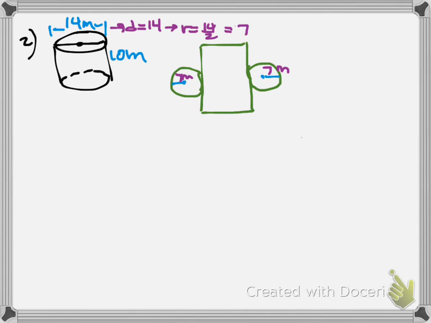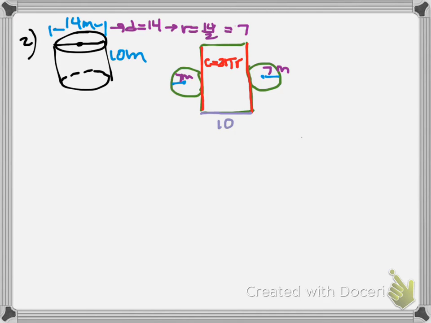What butts up next to the circles is a circumference, because that's what wraps around our circles. And we're going to get for circumference 2 pi r. And then the height was given to us, and it was the 10.